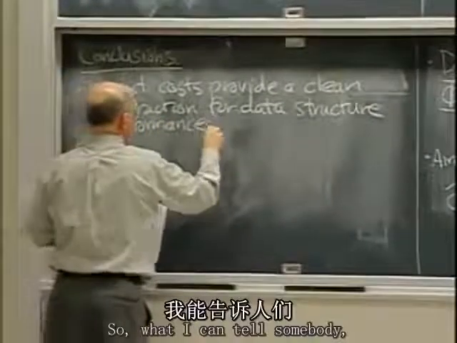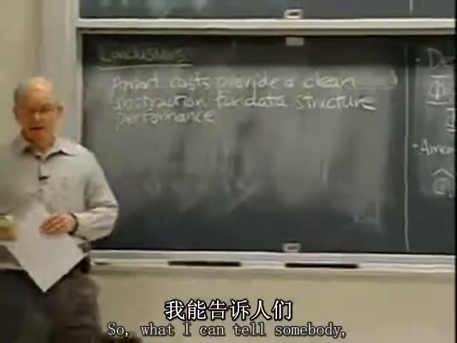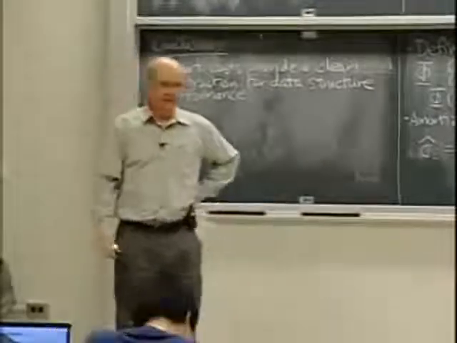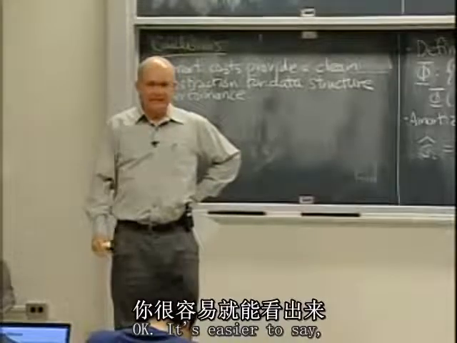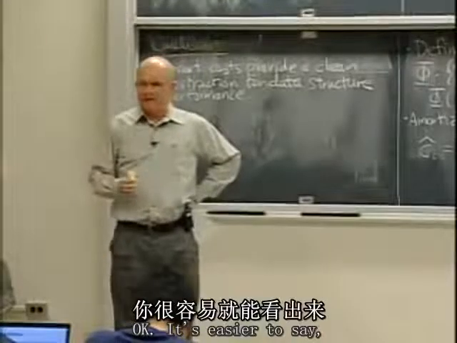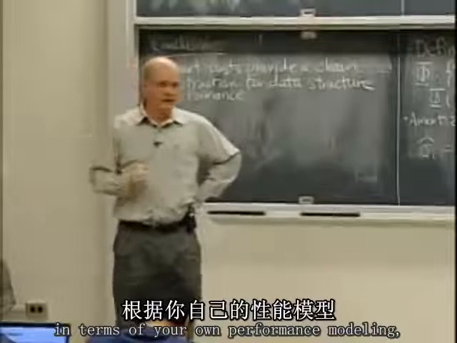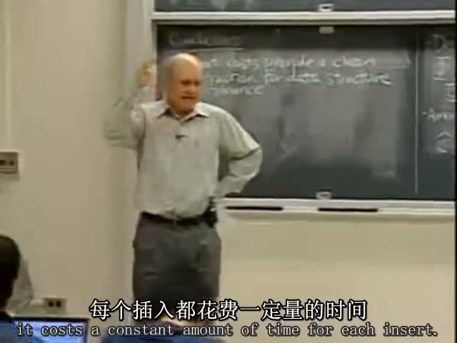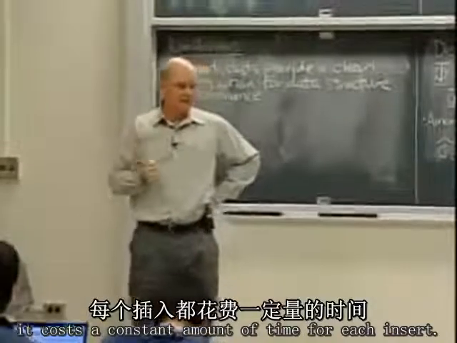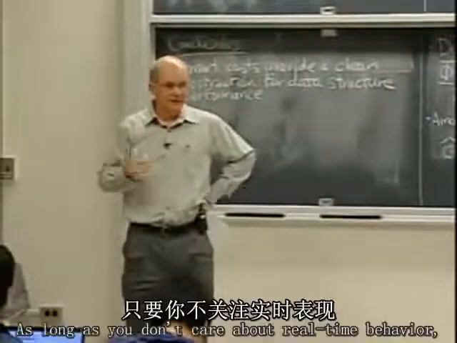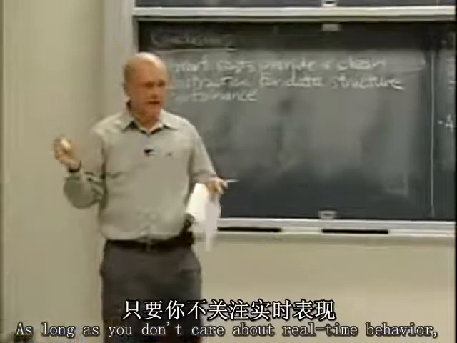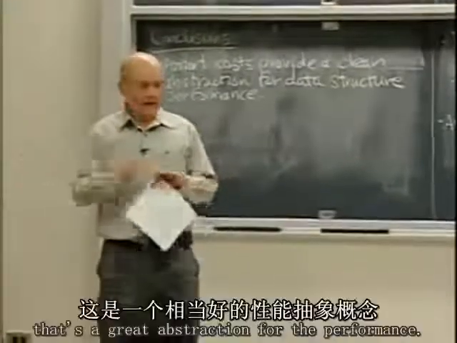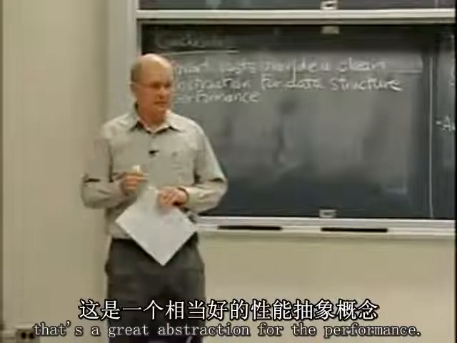So suppose I've built a dynamic table, for example. It's easier to say, in terms of your own performance modeling, it costs a constant amount of time for each insert. As long as you don't care about real-time behavior, but only the aggregate behavior, that's a great abstraction for the performance.